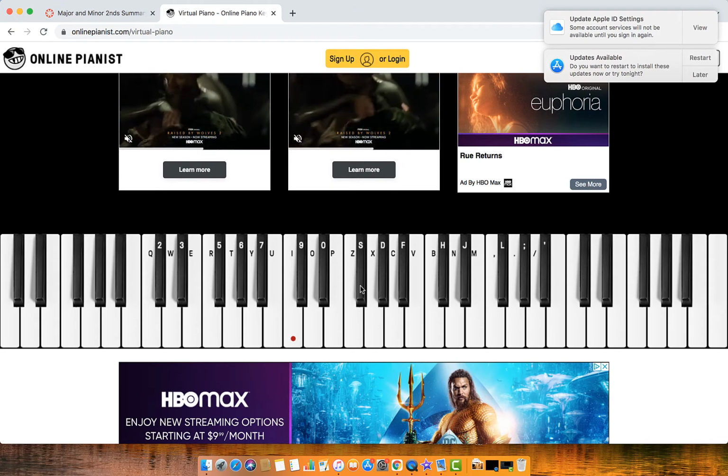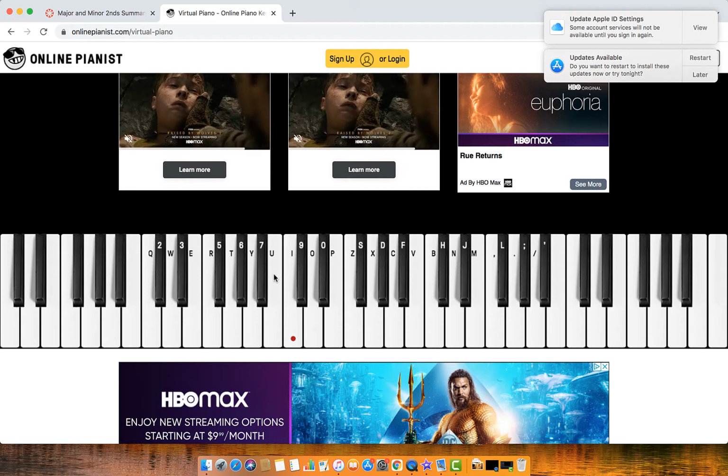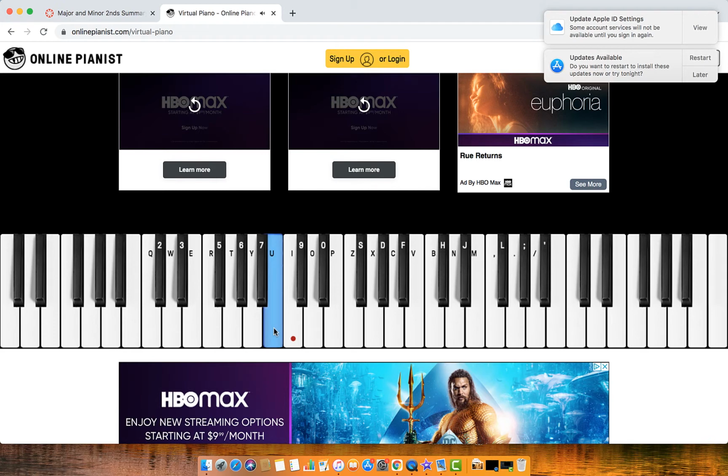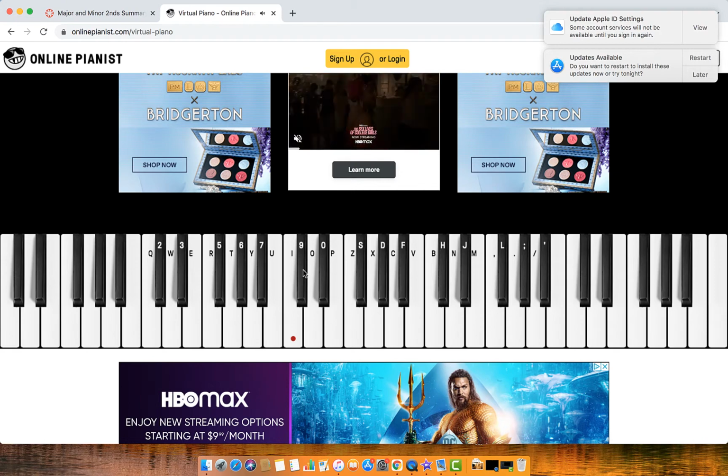All right, let's do a couple more. Let's say, what is a major second above B? A lot of students might do this and say, well, let's see. I'll go here. Major second's a whole step. That's a half step. But here's a whole step. And some students will say a major second above B is D flat.